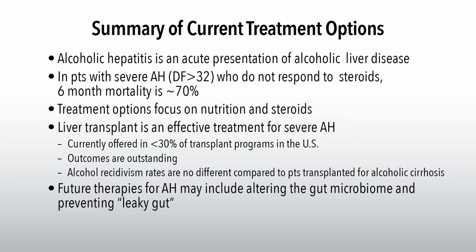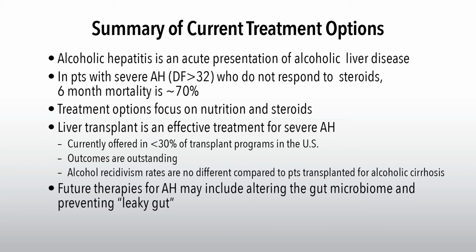If you want to focus on the therapeutic modalities available for these groups, we have steroids that have been proven to have an effect on some of the patients, and nutrition. Liver transplantation is an effective therapy offered for a selected group of patients with severe alcoholic hepatitis.